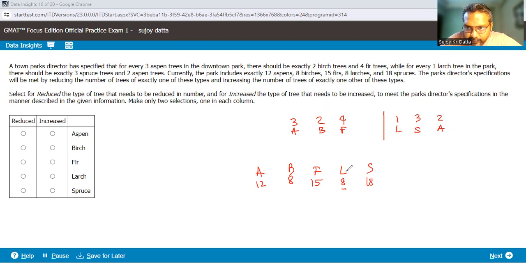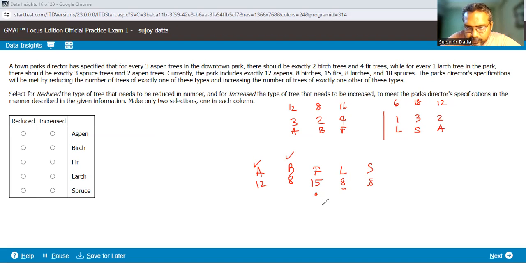All right. If S is 18, so let's make this 18, so L would be 6. And if A is 12, so this is 4 times, so B is 8, F is 16. So A is 12, it's okay. B is 8, it's okay.